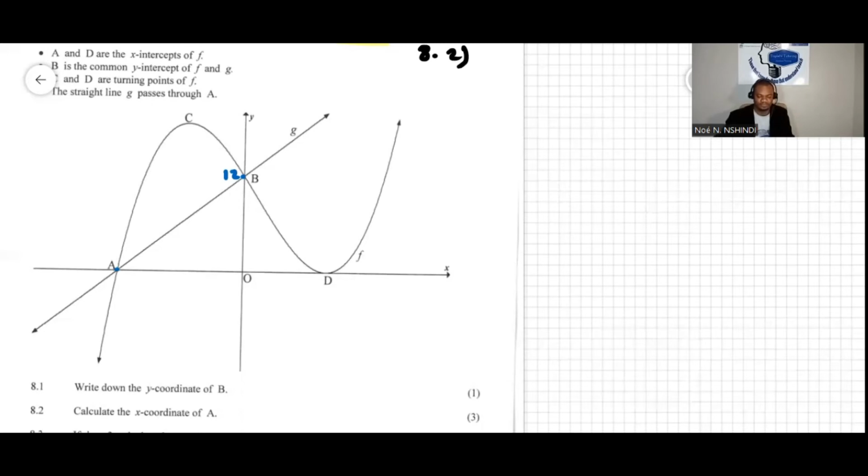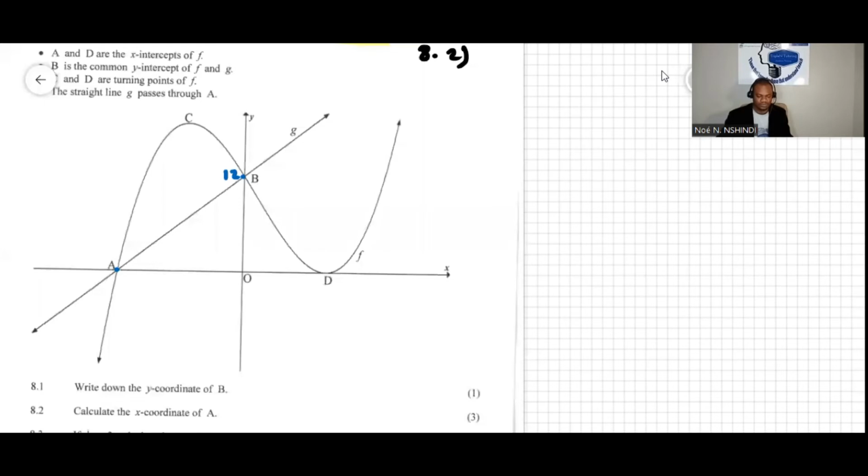So we're looking for the coordinate of A, which is x, y. Since A is the x-intercept, the y value is 0. So A is of the form x, 0.